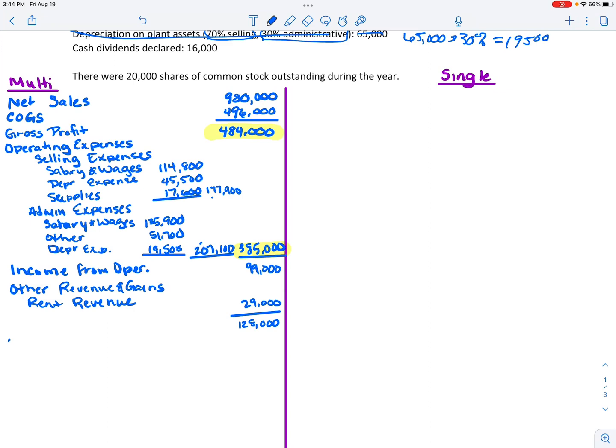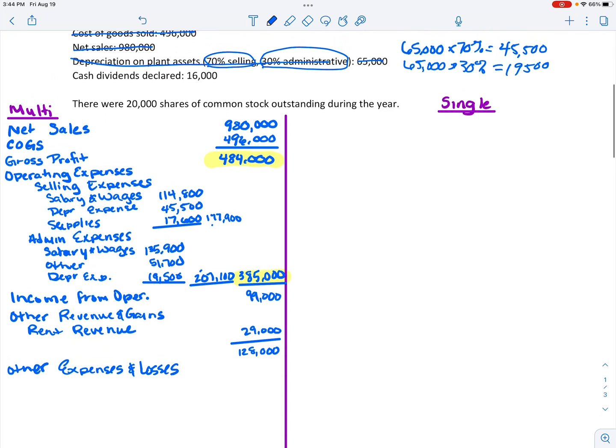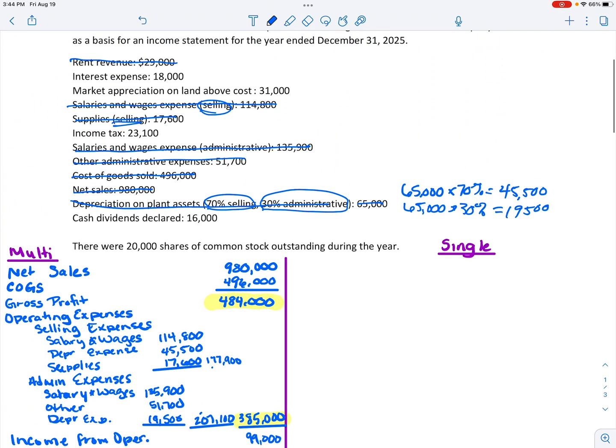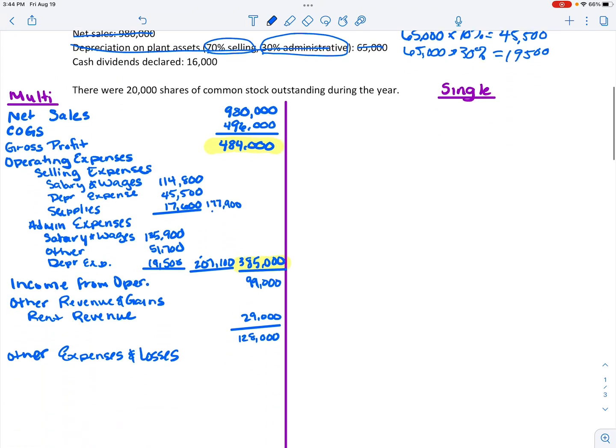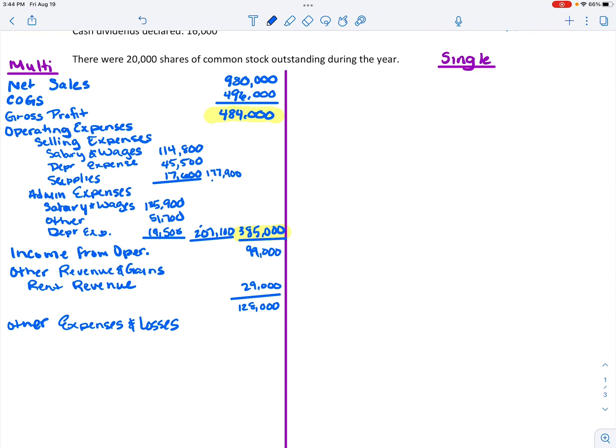Then I'm going to list out my other expenses and losses. Here, look through here, I have some interest expense, 18,000. And your book details out what goes into each of these categories, so make sure you review that as well.